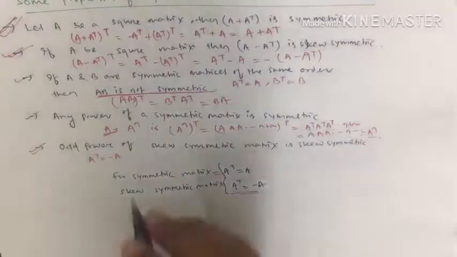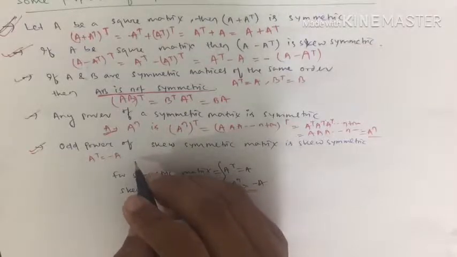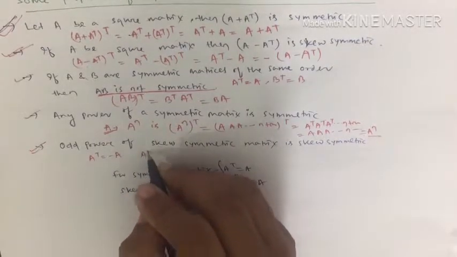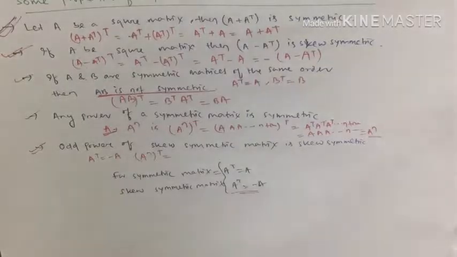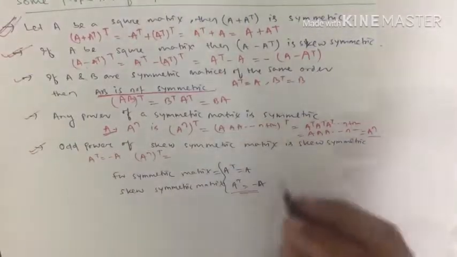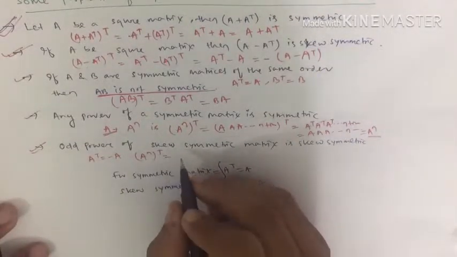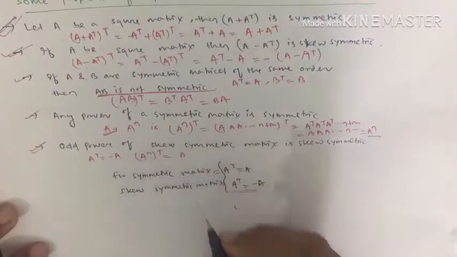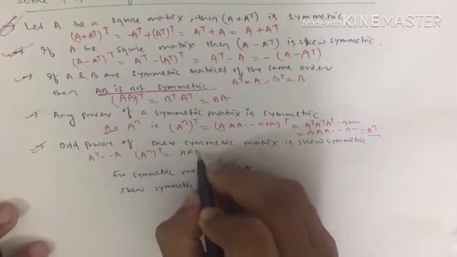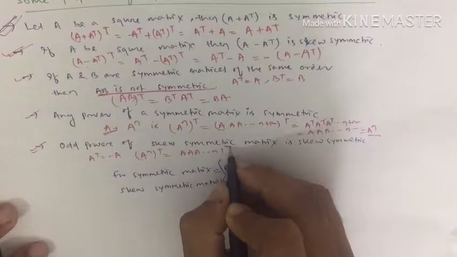So, odd power of a skew symmetric matrix. Simply we take A to the power n transpose. In a similar way, you will get A into A up to n times, transpose.